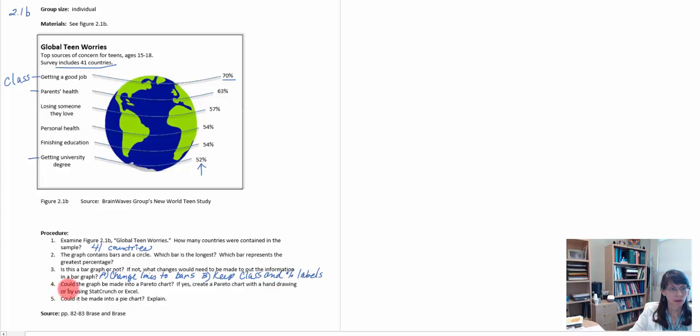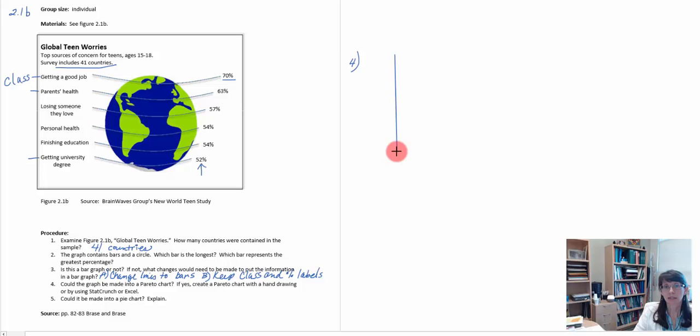Number 4, could the graph be made into a Pareto chart? If yes, create a Pareto chart with a hand drawing or by using StatCrunch or Excel. A Pareto chart is similar to a bar graph, except the bars are placed in descending order. So we'll create a Pareto chart off to the side.